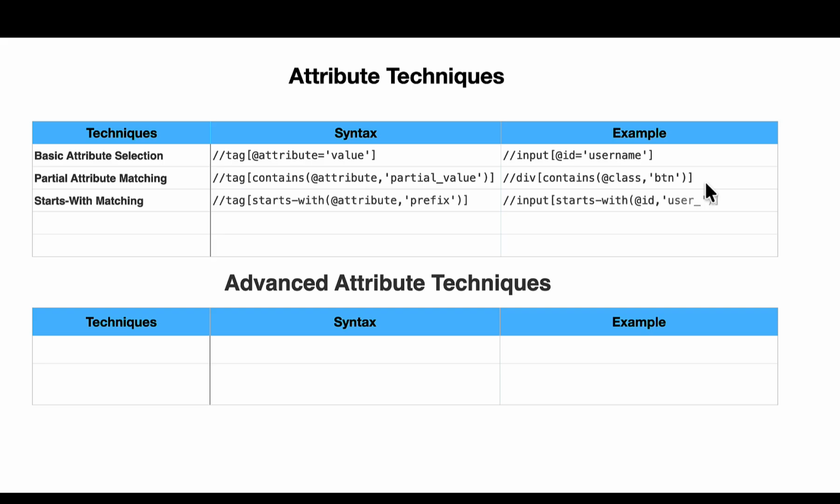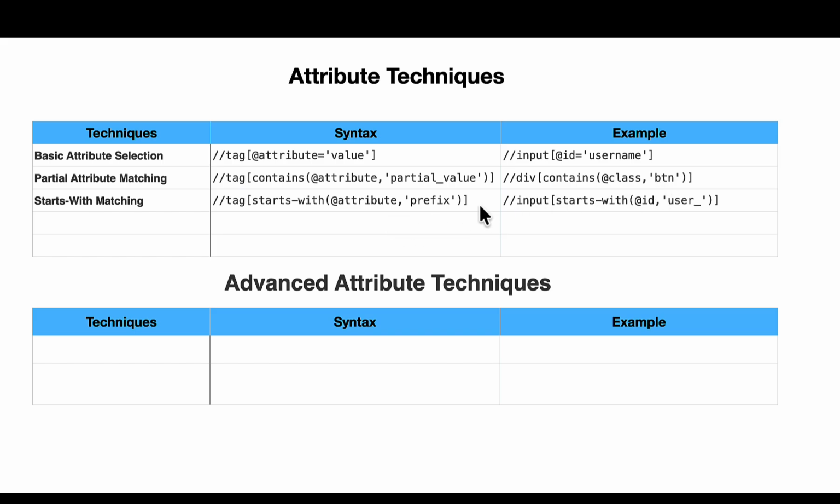After this we'll see starts-with matching. If you want to find any attribute which starts with something specific, because nowadays DOMs are dynamic and a hard-coded value will not work, right? Contains works by checking anywhere in the attribute value, whether it is at the start, end, or between.